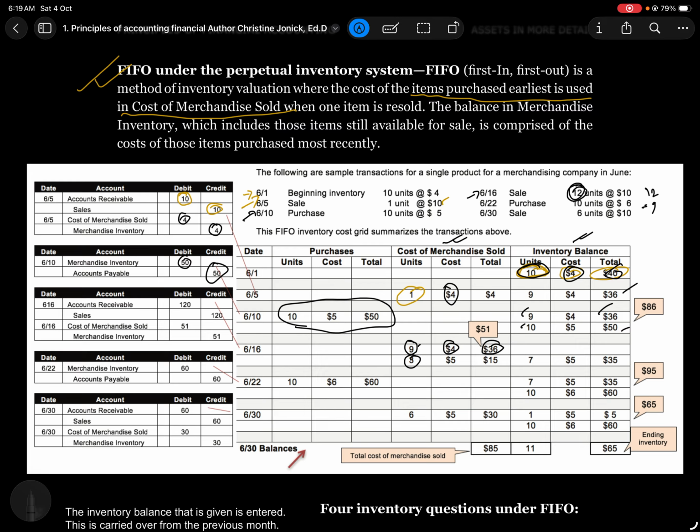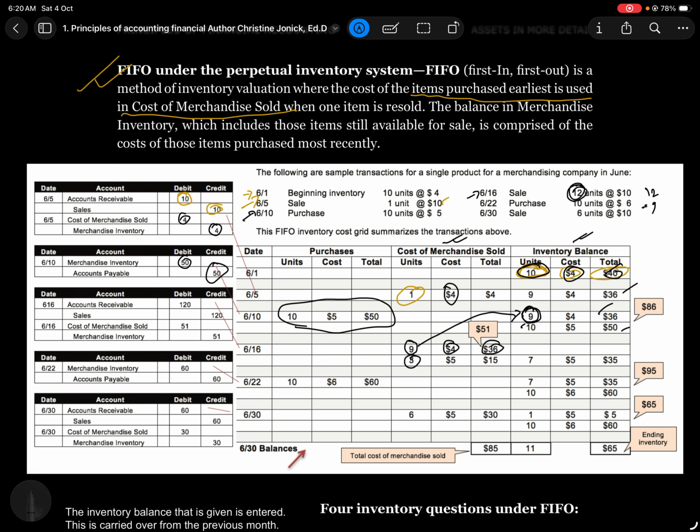How did we get 9? First of all, we have to assume that we get rid of the earliest purchased items first. So we got rid of all this inventory first.